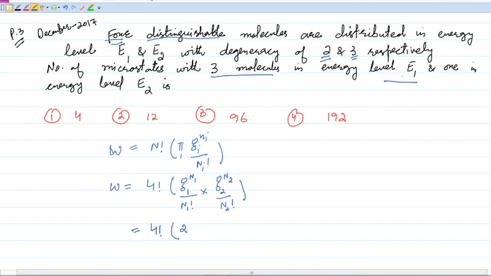That means 3 molecules are basically in the E1. So N1 will be simply equal to 3 upon 3 factorial as per this equation, multiplied by. For the second, we know the degeneracy is equal to 3 and only one particle is present now in E2 energy level. So N2 will be simply equal to 1 upon 1 factorial.